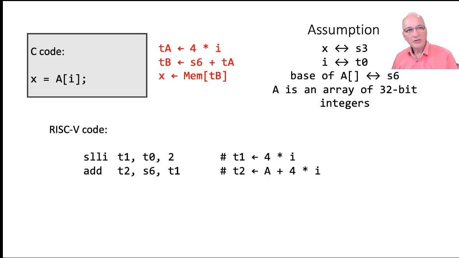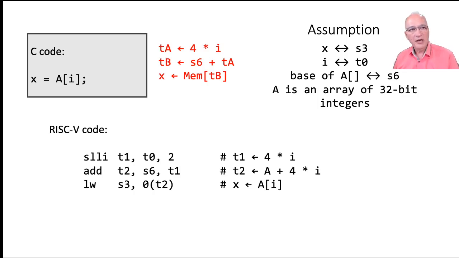Then I will add the value that I obtained from that multiplication to the base of the array by adding T1 to S6, obtain the value in T2, and then I will load the value from the memory position given by T2 now with a displacement of 0 and put the result in S3. At this point in the lecture, it's common for students to ask me, why couldn't I have used the value of T1 as a displacement in the load word instruction?